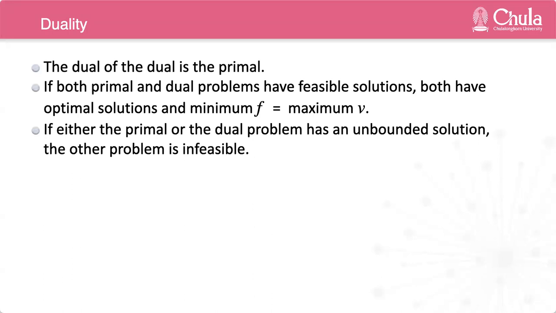The minimum of the primal objective function is the maximum of the dual. And the third one: if either the primal or dual problem has an unbounded solution, the other problem is infeasible.